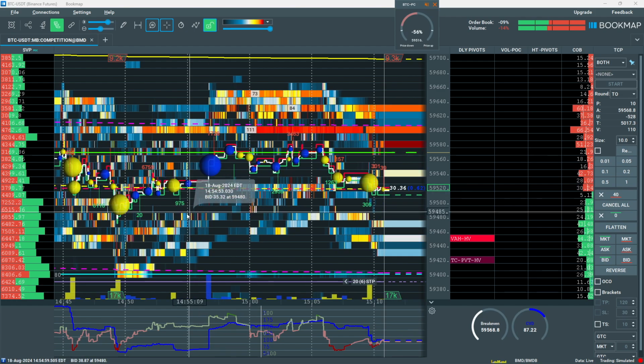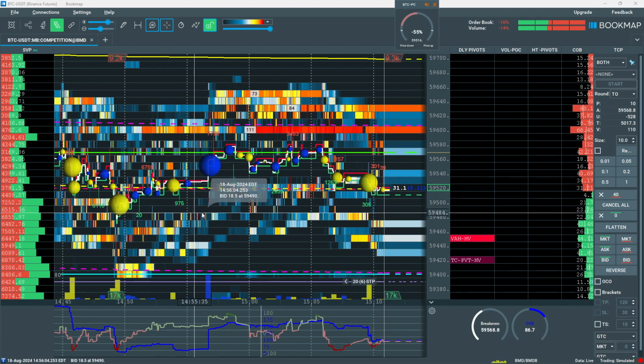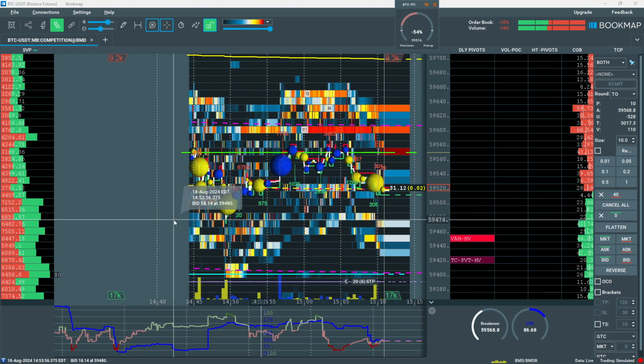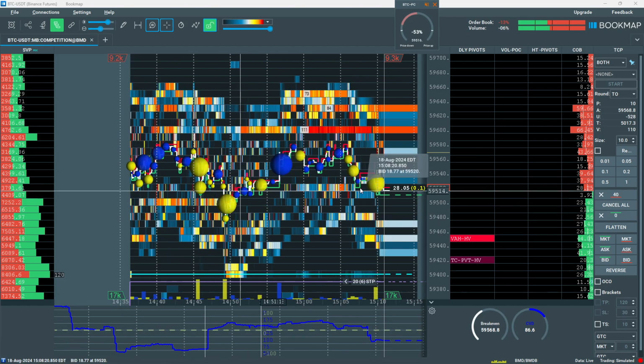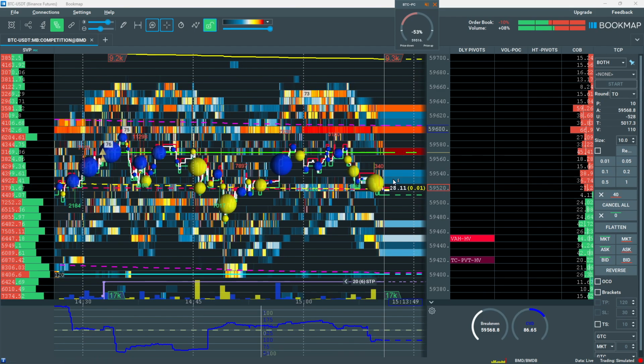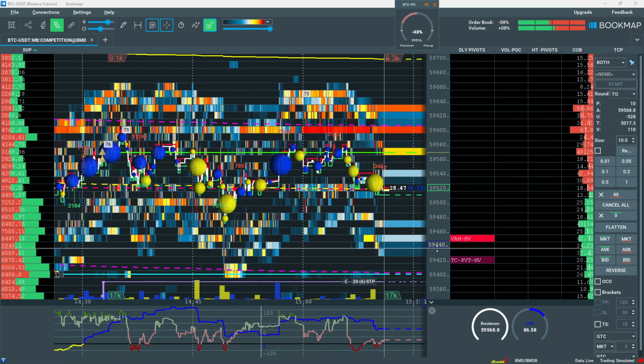I'm waiting to see if it's going to test this swing low and create a lower low, or we're going to just rest here and get buyers and return to the upside.